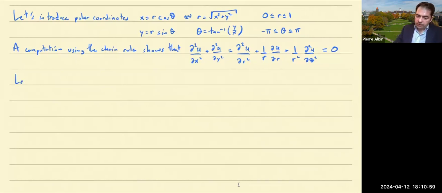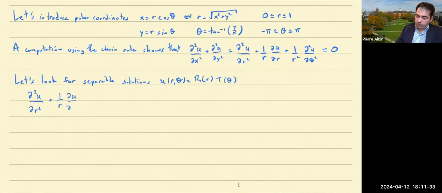Okay, so let's now look for separable solutions, but separable solutions in polar coordinates. So it's going to be capital R of little r times capital T of theta. So what does our equation look like? We have two derivatives with respect to r, plus 1 over r, one derivative with respect to r, plus 1 over r squared, two derivatives with respect to theta.